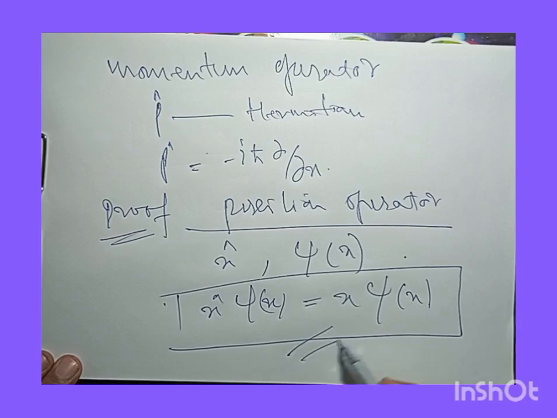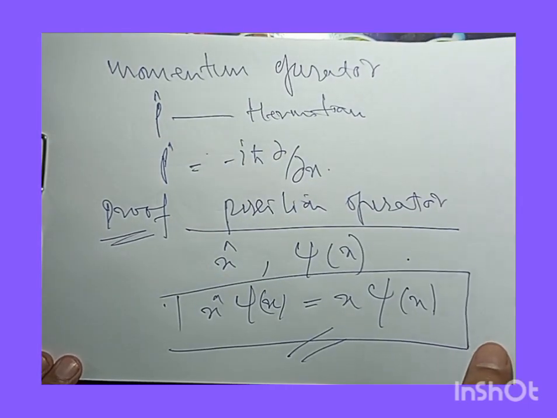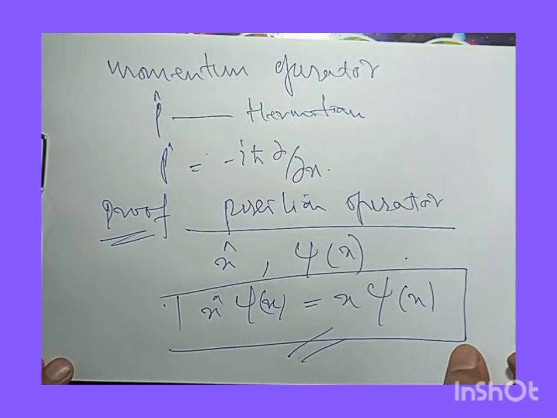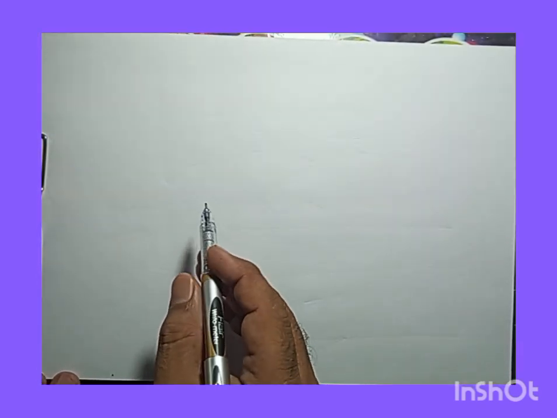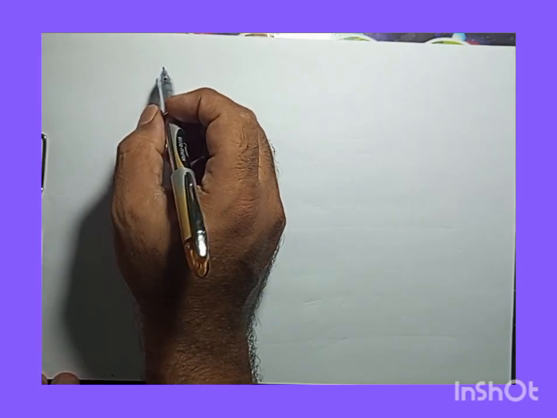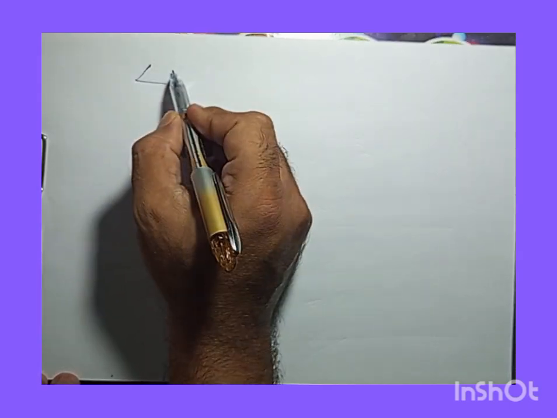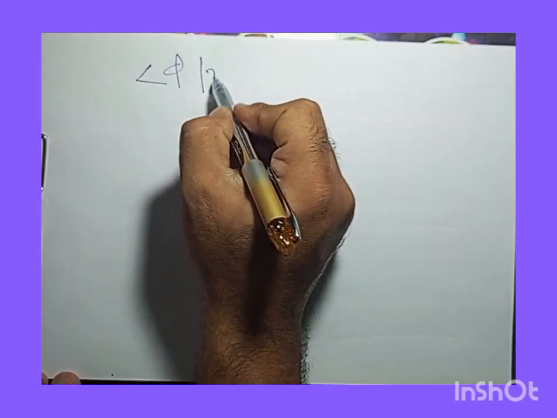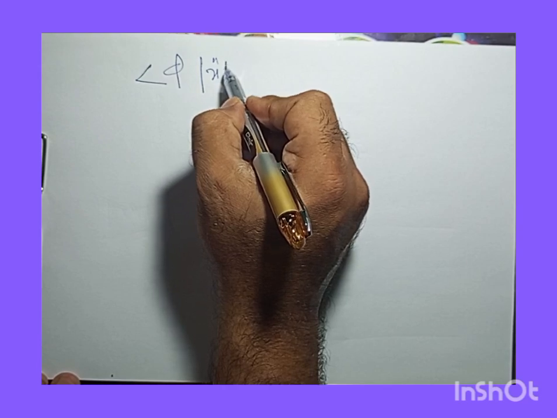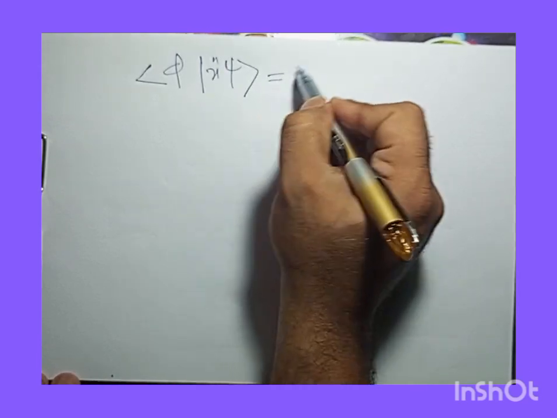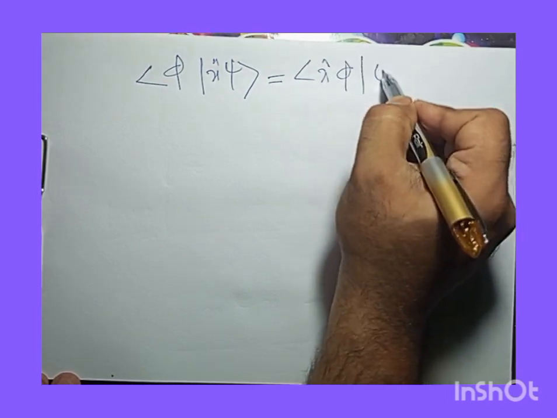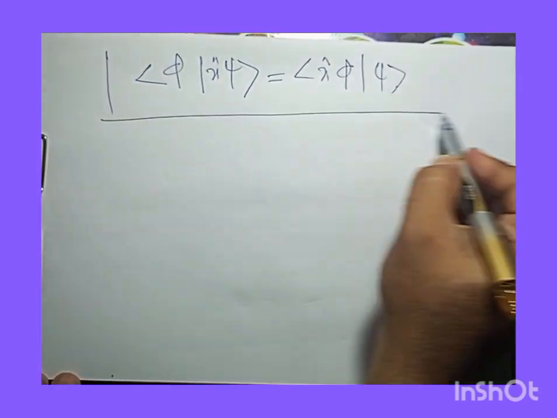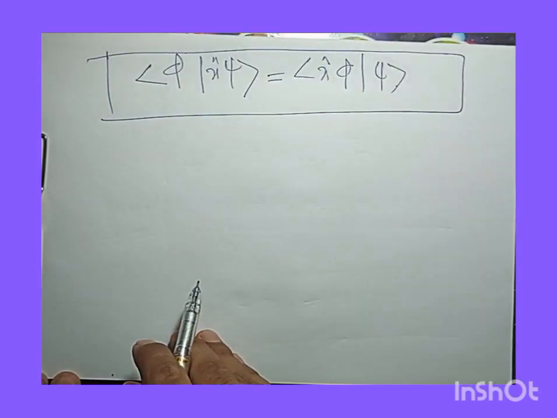Now, to prove this, let us write down this position operator in terms of the expectation value. In general, what we have to prove is that for a state phi, the inner product of phi with x cap of psi is equal to x cap of phi with psi.